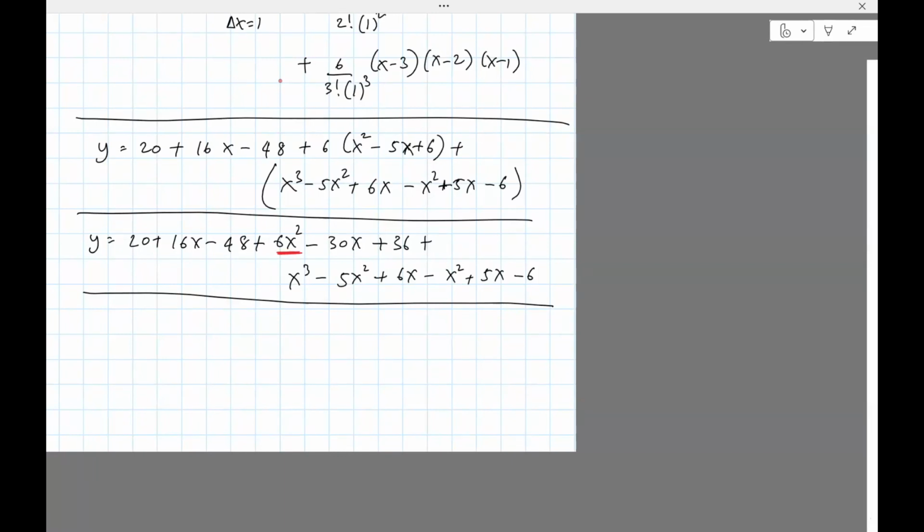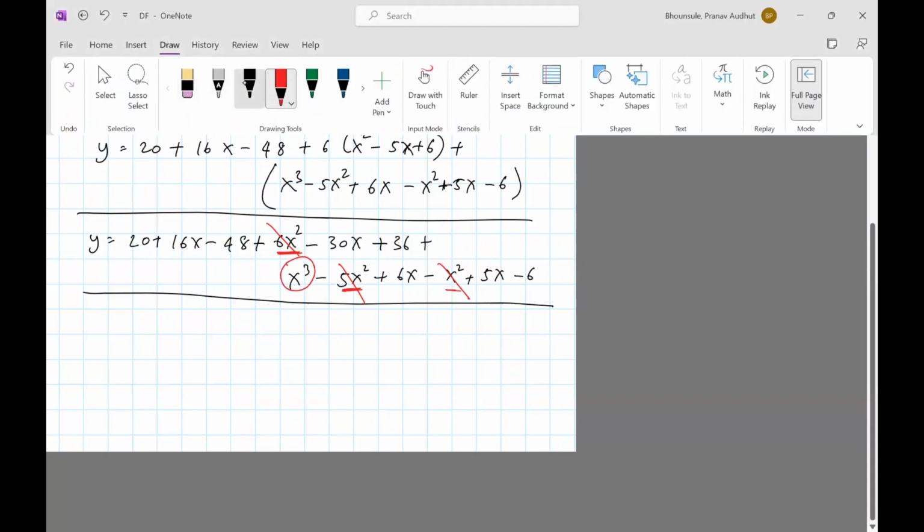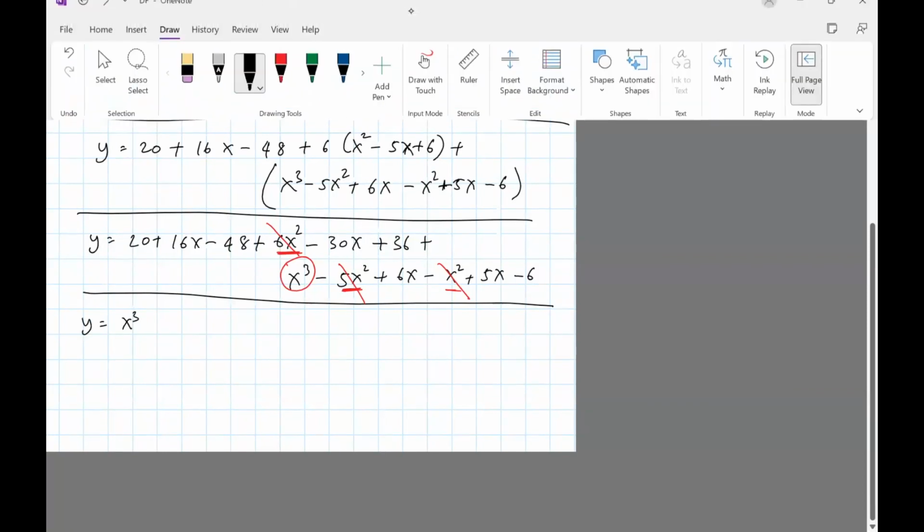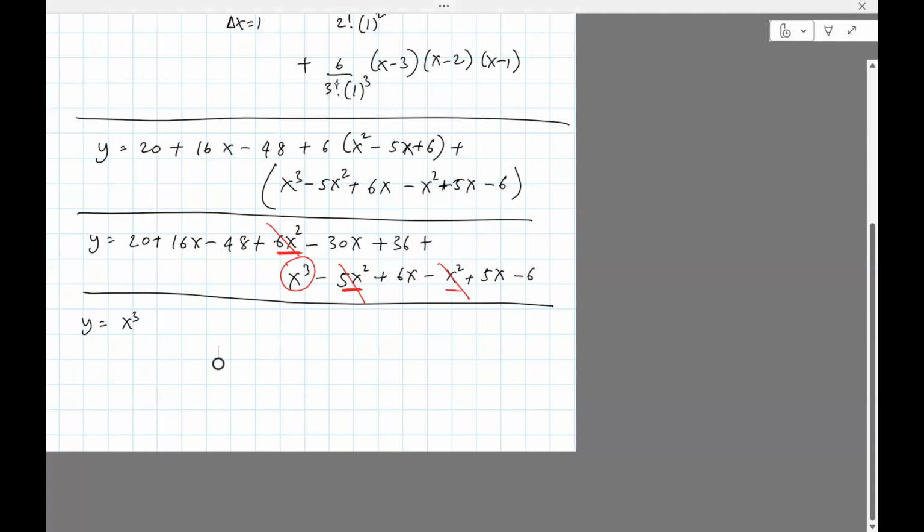There's 6x squared here, and then 5. So I think this and this cancel off. This carries over, x cubed. Okay, then we can see x squared all get cancelled off. You're left with 16x minus 30x.